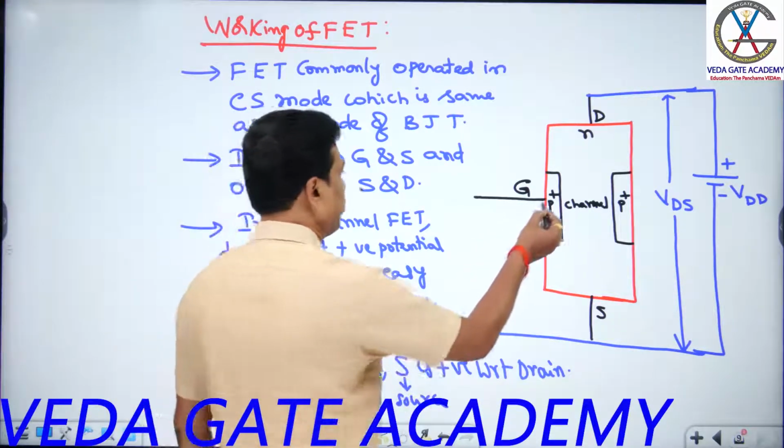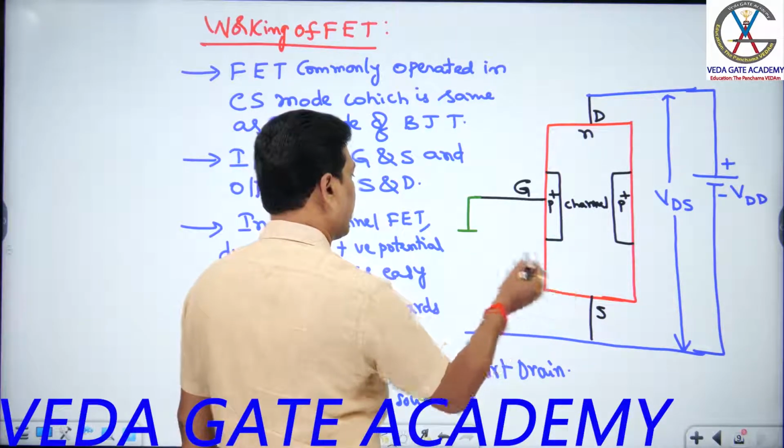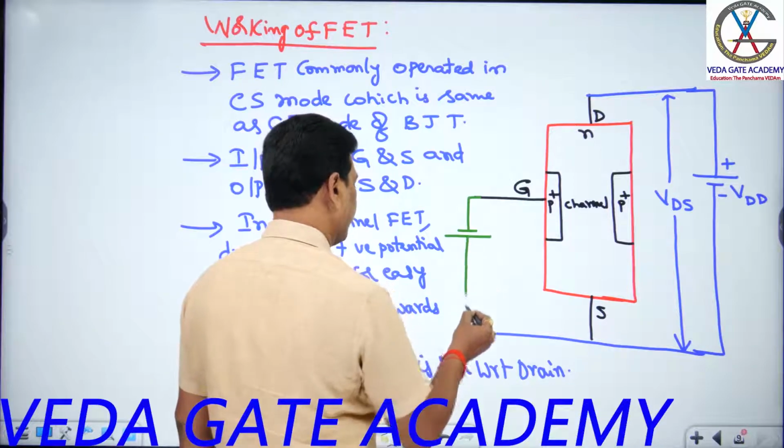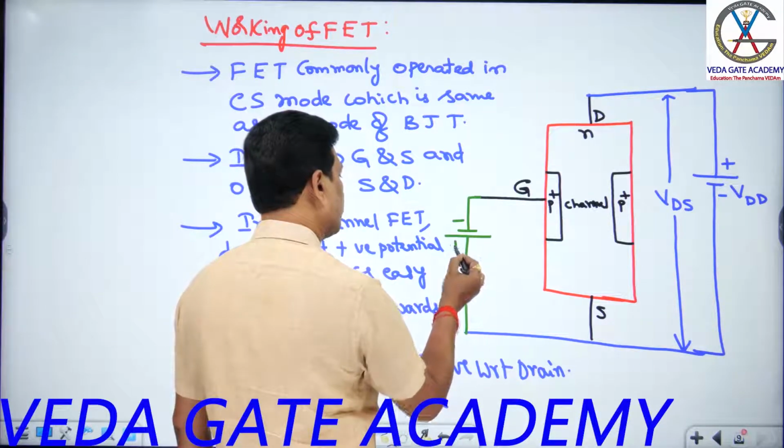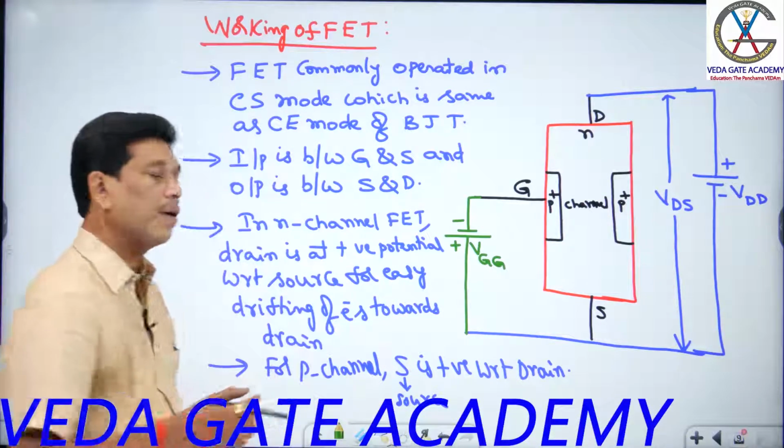What is that reverse bias gate voltage? Sir, the gate is P type there, applied with negative voltage. The source is N type there, applied with positive voltage. This is negative, this is positive, students. This is called the gate supply. Confirm my option.